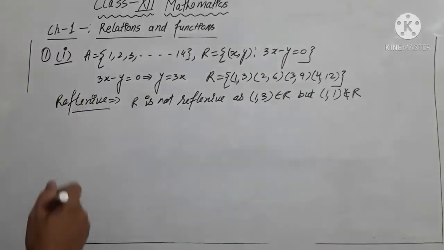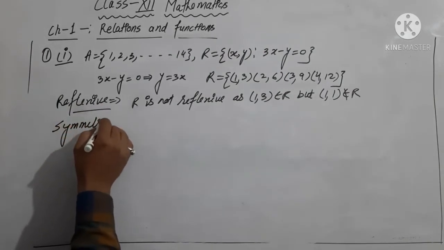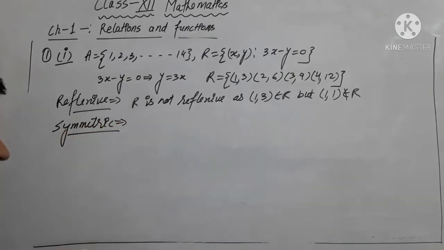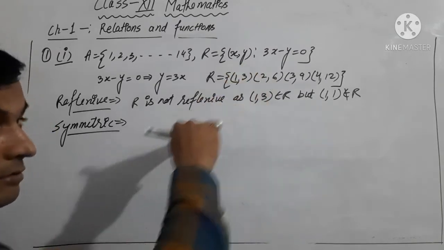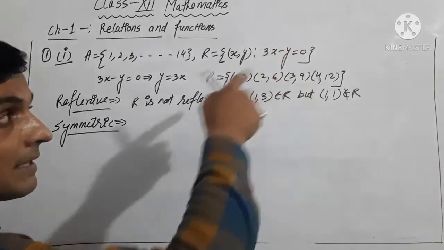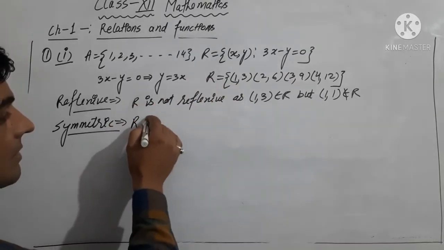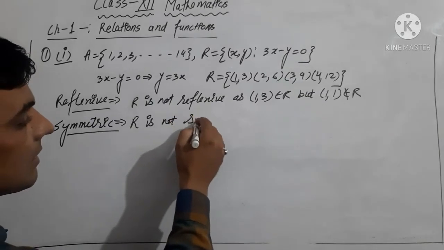Clear? Second, symmetric. For symmetry, if 1 comma 3 belongs to R, then 3 comma 1 should also belong to R, but it is not present in the relation, so R is not symmetric.